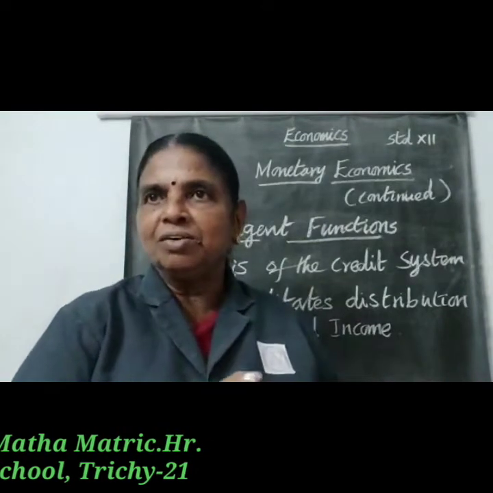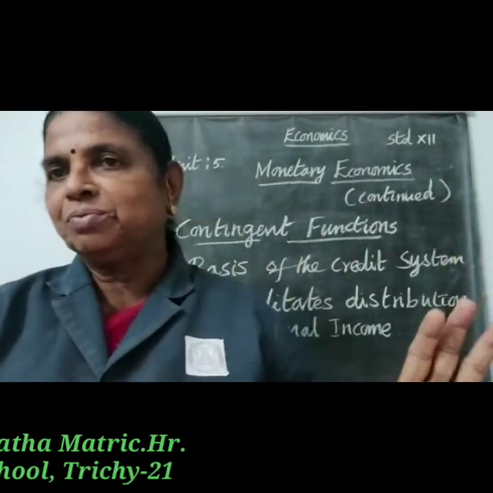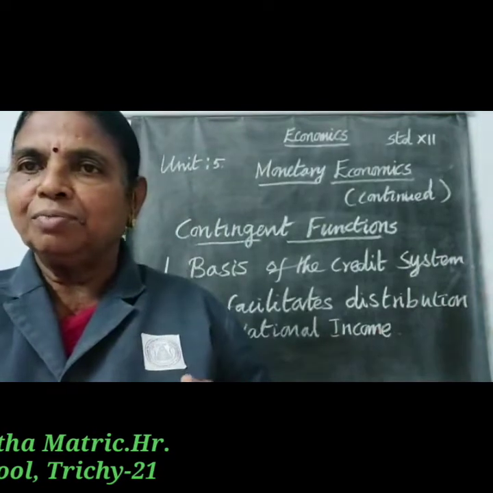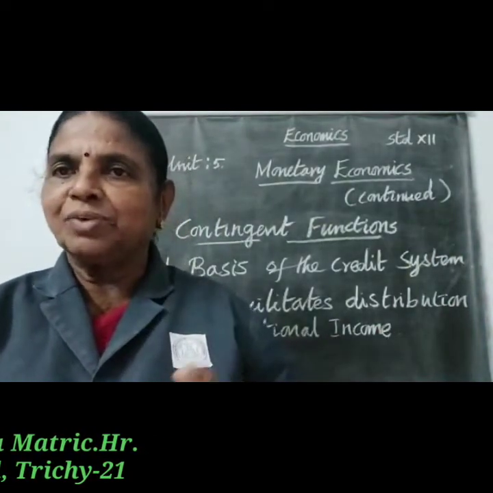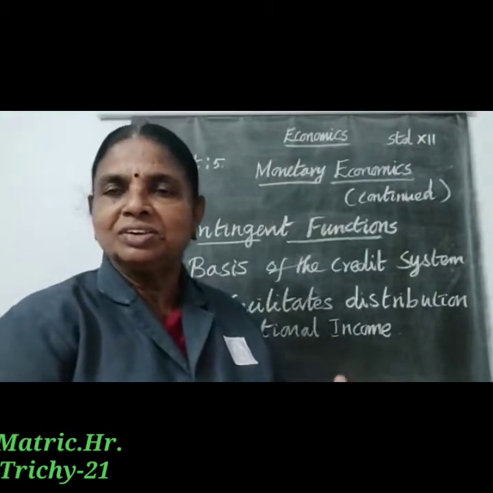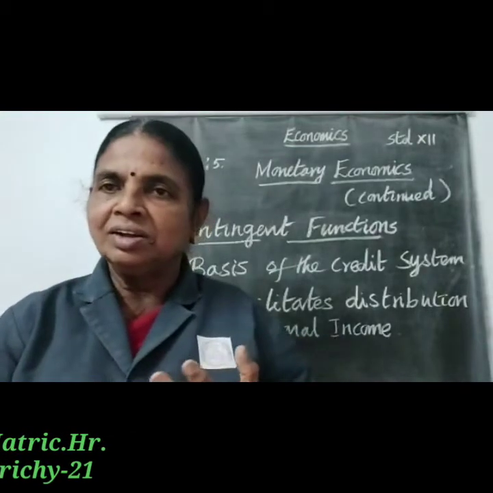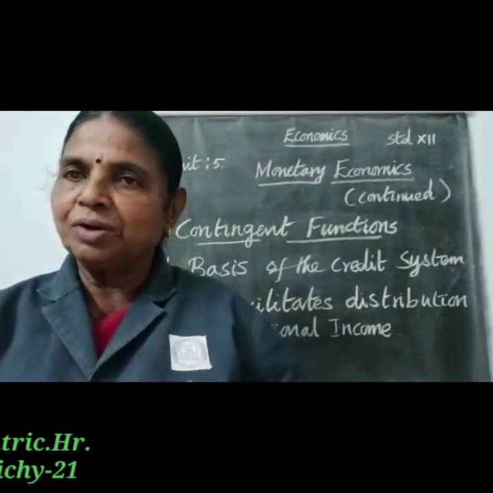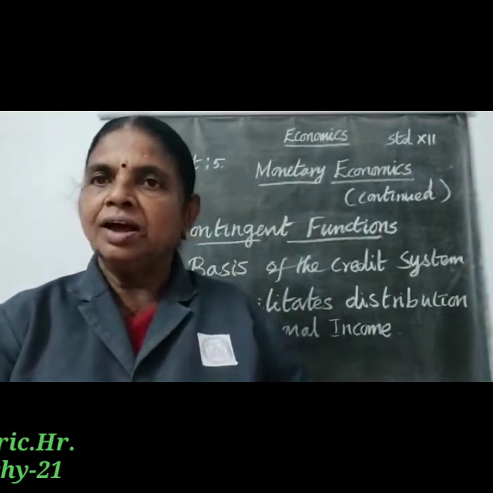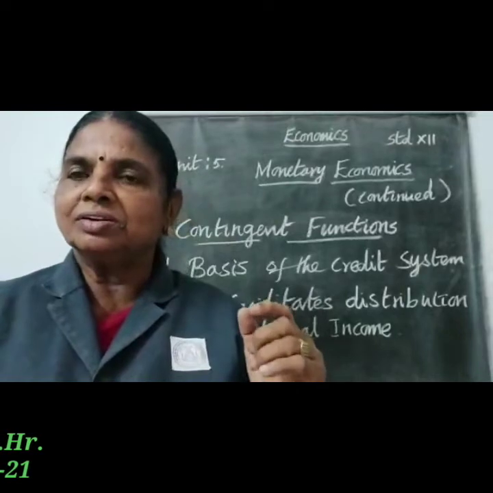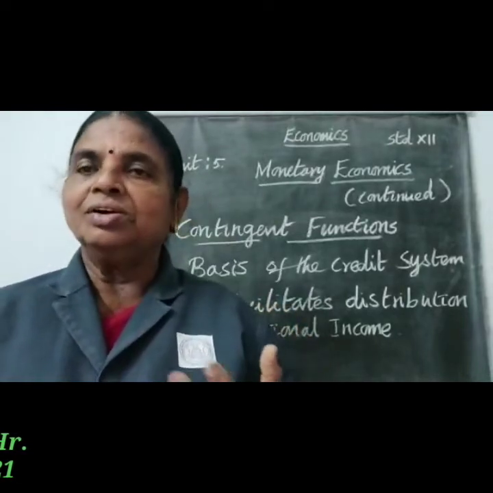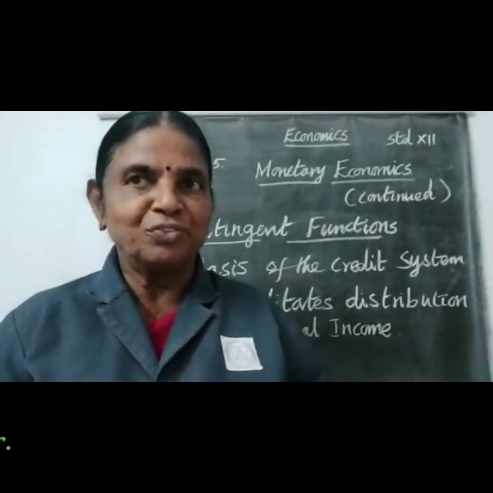You remember, you have learned the four important factors of production: land, labor, capital and organization. From land, the distribution of national income is rent, from labor, wages, and from capital, interest, and from organization, the producers, that is entrepreneurs, receive profit.